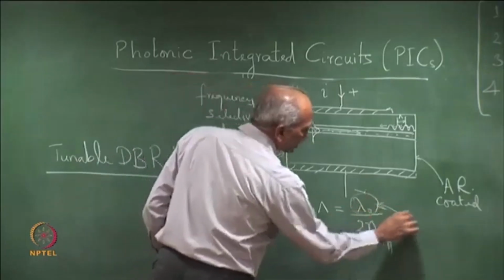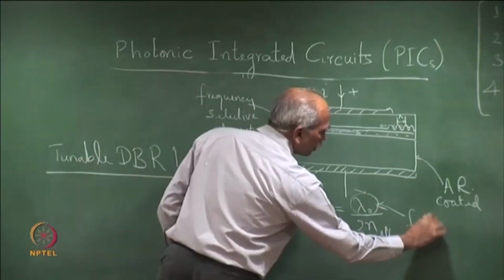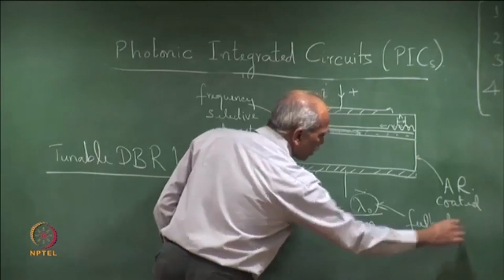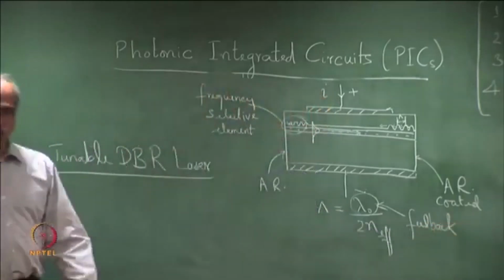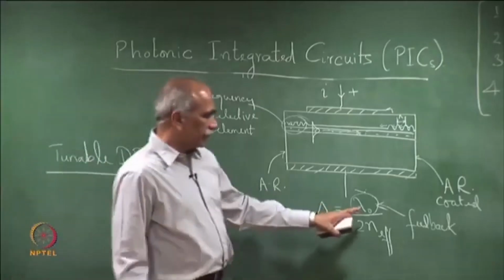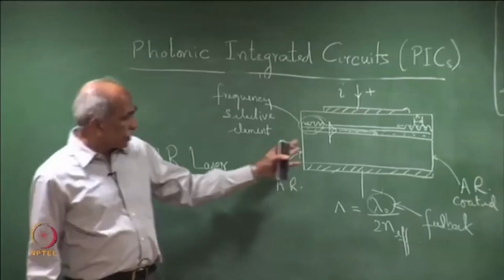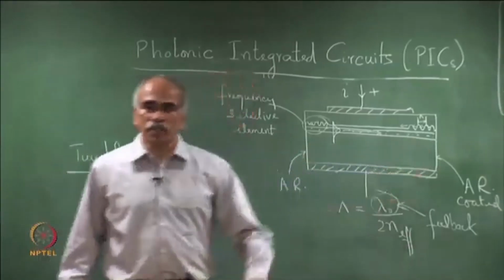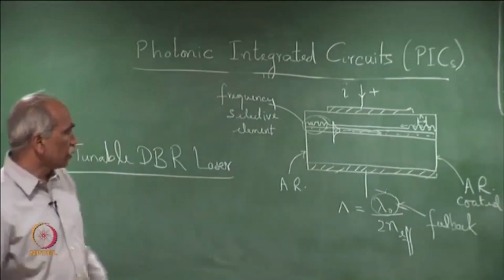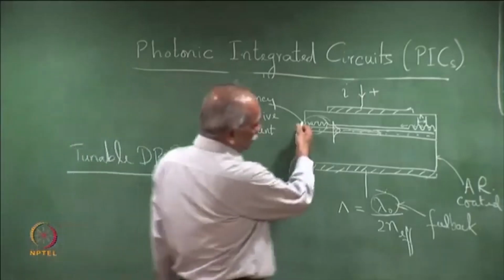So, feedback that is so essential for laser oscillation comes only at this wavelength, thereby leading to realization of a single frequency laser, or a laser oscillating at one frequency.